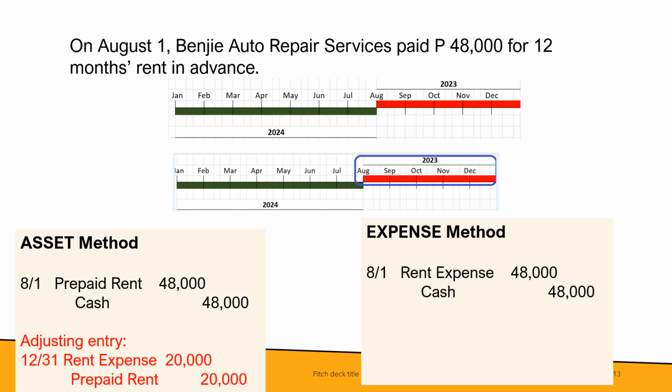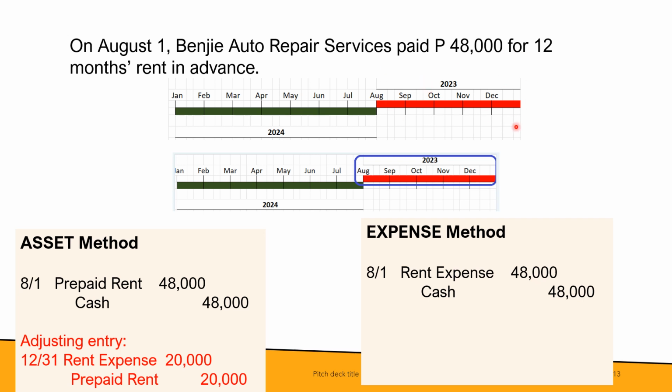Since 48,000 is for 12 months, this is 48,000 times 7 over 12. That should be your ending balance of prepaid rent. So how much should be your adjustment? Your prepaid rent of 48,000 should be decreased by 20,000. So you credit prepaid rent 20,000 and what is your debit? Your debit should be rent expense equivalent to 20,000, and this 20,000 is your 5 months rent.